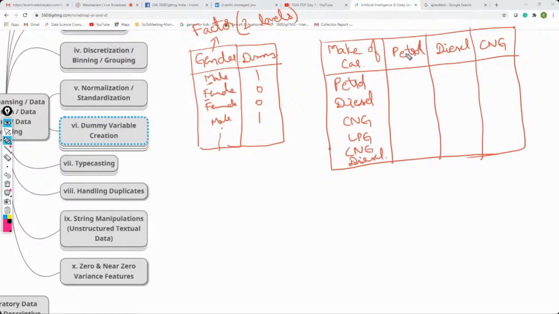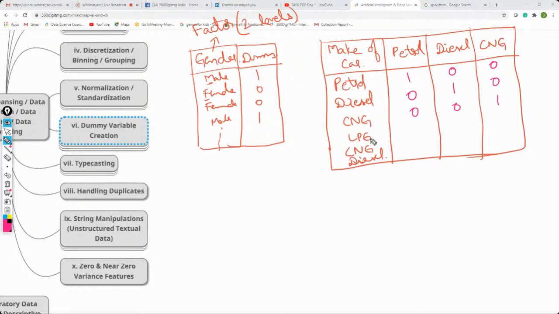This is a petrol variant. So against petrol, you'll put a 1. Rest will be zeros. LPG also will be 0 if you had LPG. For diesel, you put a 1 against diesel and rest you put zeros. For CNG, you put a 1, rest will be zeros.